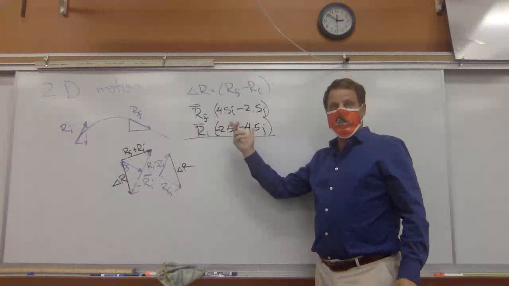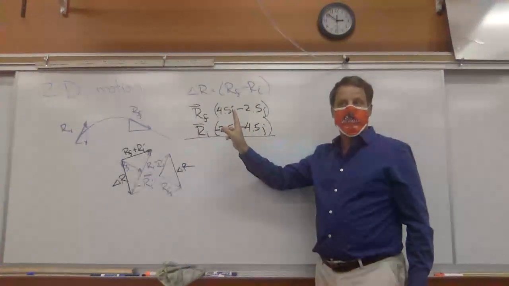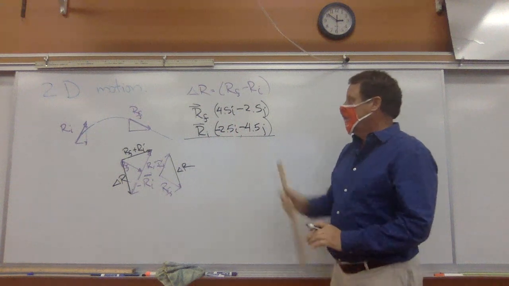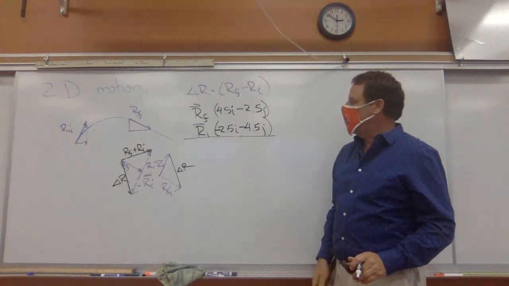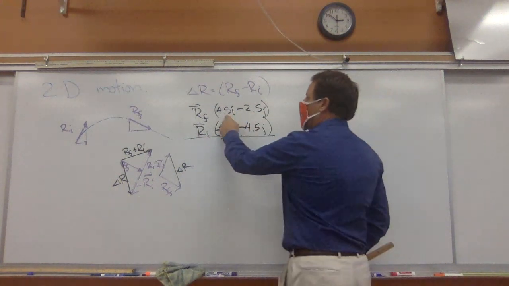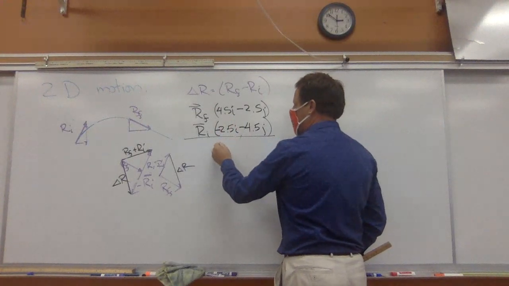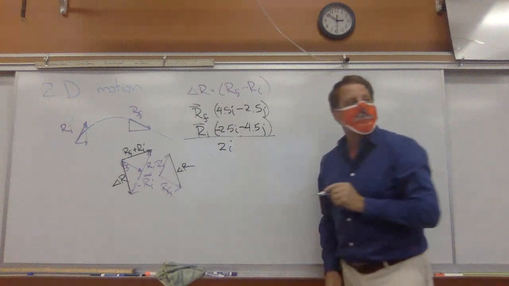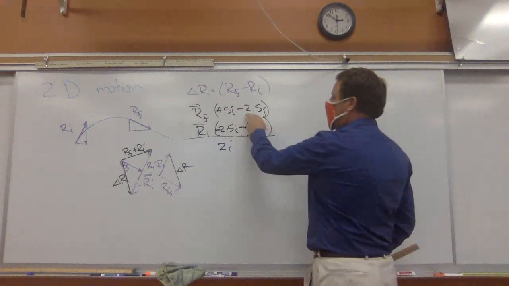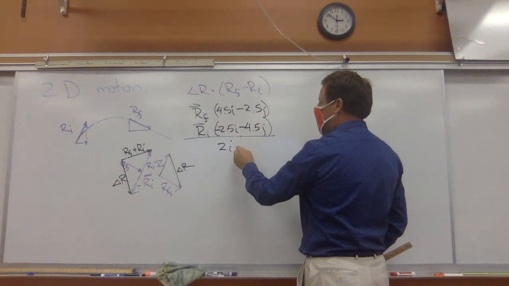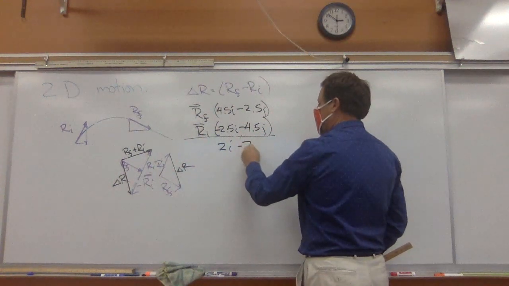If you had a positive and a negative, then the signs just switch. Now we can add those up, and we're going to have 4.5 minus 2.5, which is 2i. And now we're going to have negative 2.5 minus 4.5, and that is going to be negative 7.